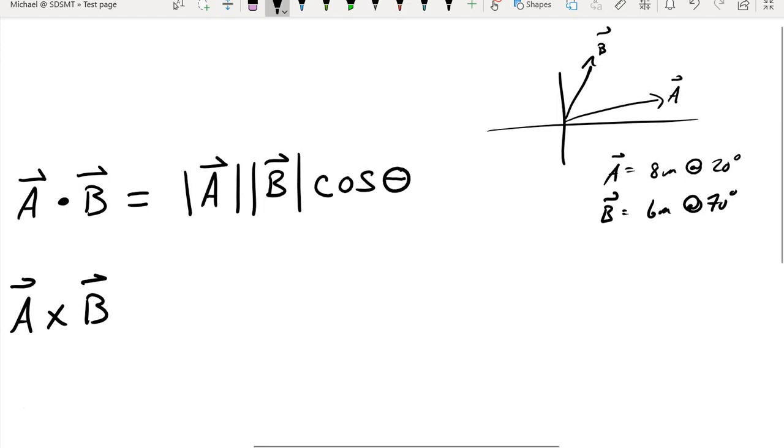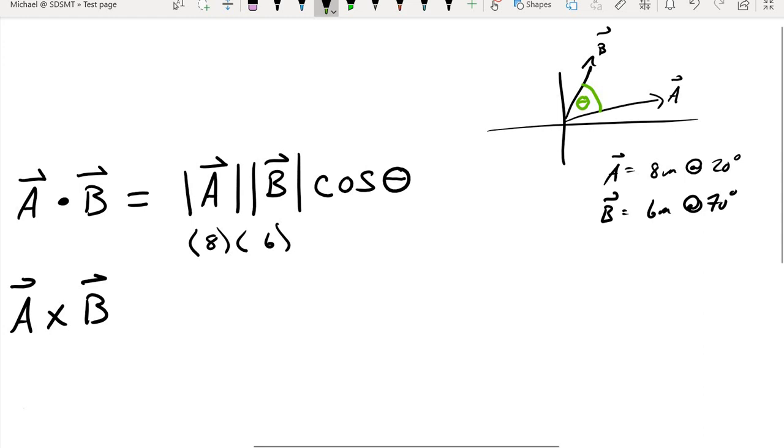So right there I have everything that I need to evaluate a dot product between these two vectors. I know what the magnitudes of each vector are. I have 8 and 6. And then I need to know the angle that exists between the two vectors. Well, that's just going to be the difference in their angles.